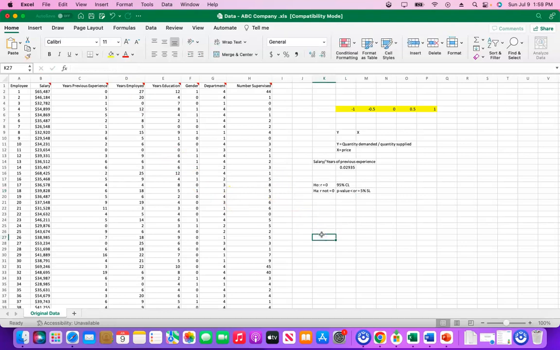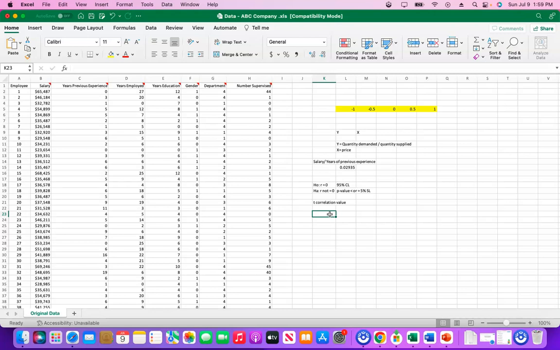In order for us to get this probability, we need to find the t-value of the correlation between these two variables, so call it the t correlation value. And when we find that t correlation value, then we can find our probability. So we need to know the formula for obtaining the t correlation value, which will be calculated.